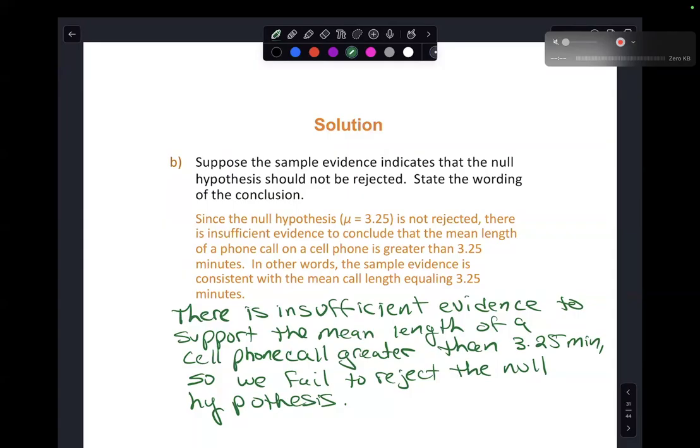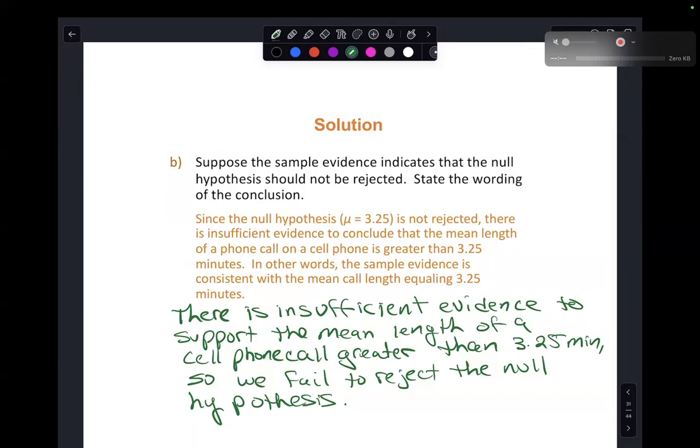Once we actually get to the math, I'm going to make it really clear what I want that to look like. But I want you to tell me that your test statistic was greater than your critical value, or whatever your reasoning is. I want you to show me. I want you to explain it to me. Tell me why.